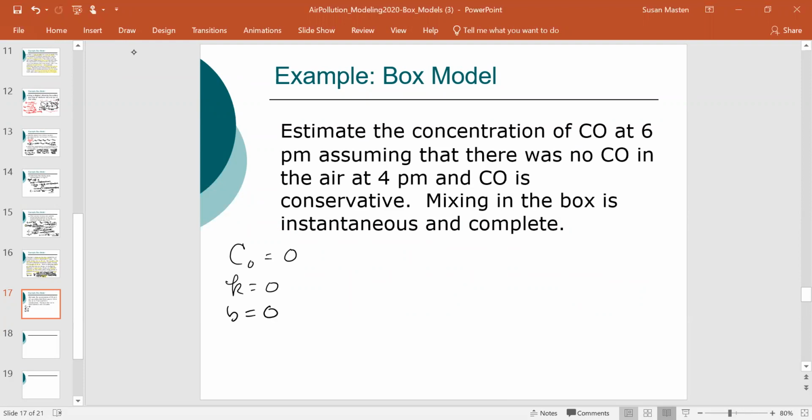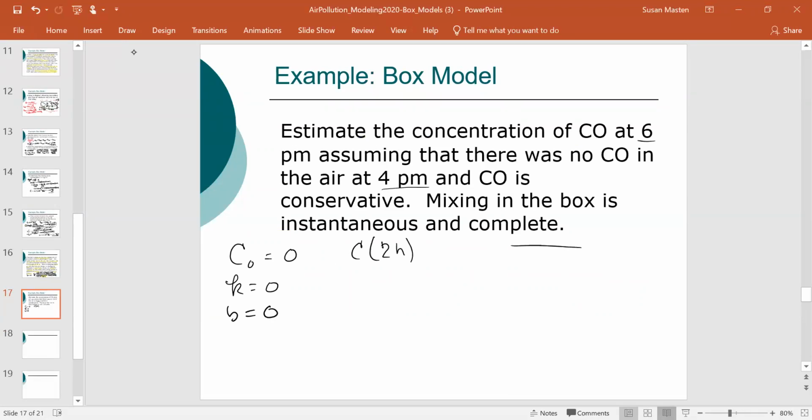And we want the concentration 2 hours later. So we start at 4 p.m. We're asked what is the concentration at 6 p.m.